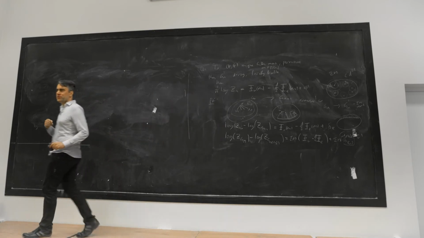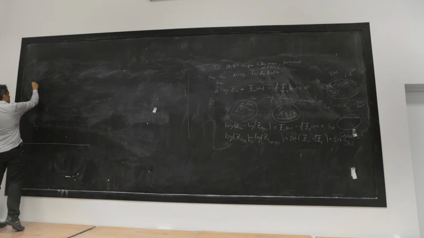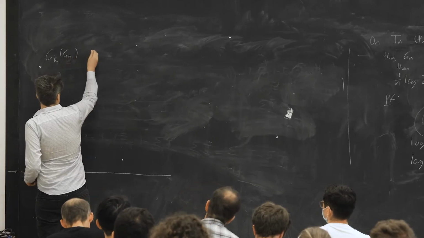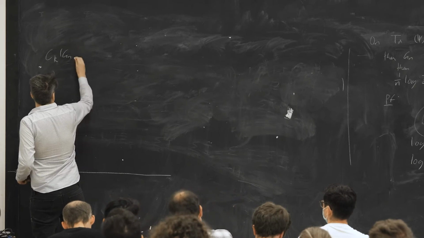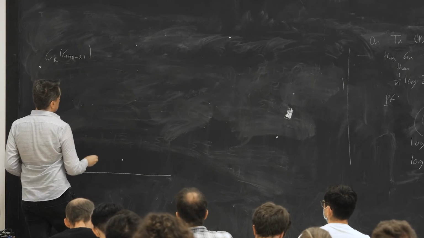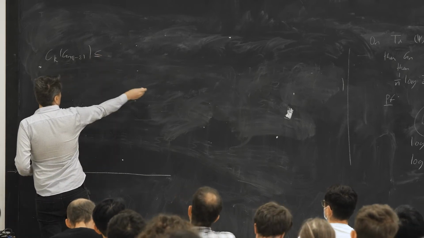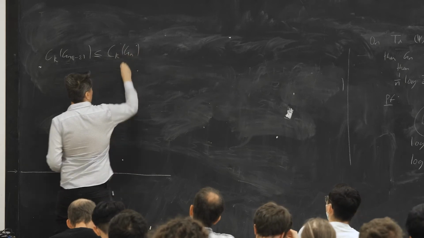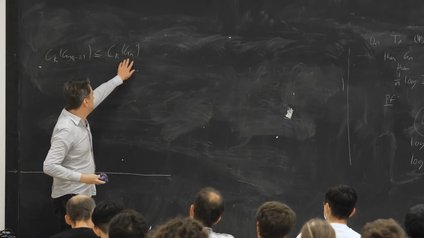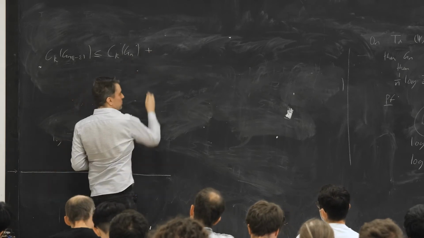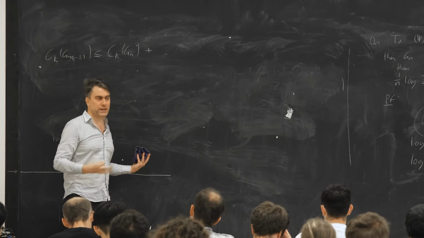So to complete things, if c_k is the number of cycles, I want to show that in G(1 minus epsilon) it is not very big. I could bound it by the number of cycles that we originally had, plus the number of new ones that we create.